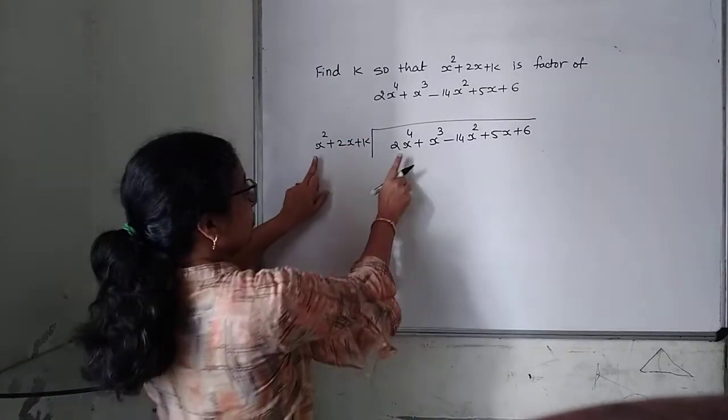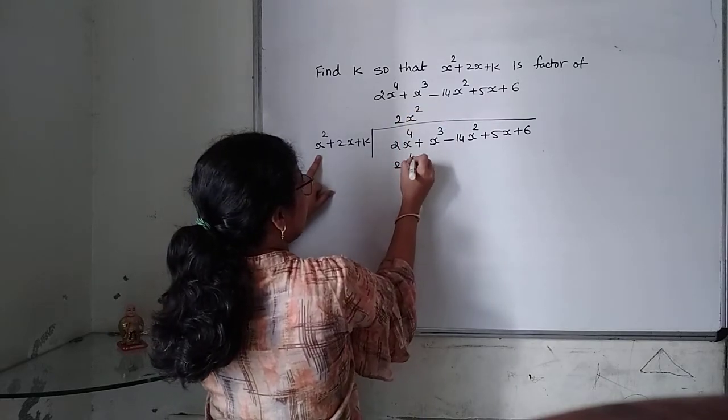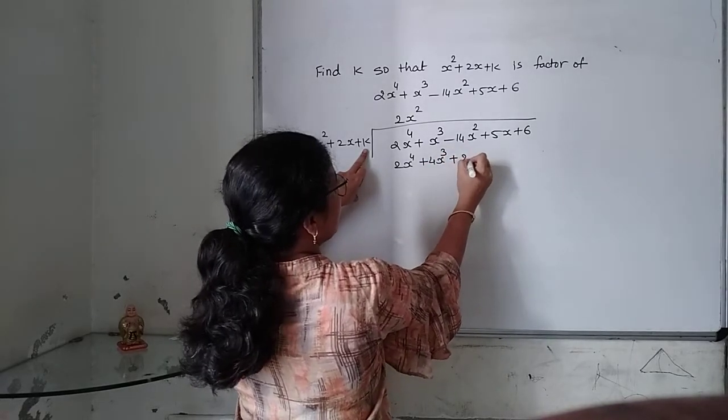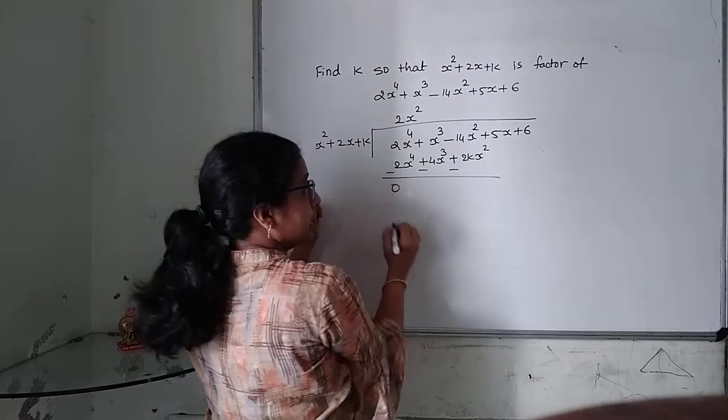Okay, so you have to multiply by 2x square. So it is 2x raised to 4 plus 4x cube plus 2kx square, change signs, and it becomes 0.